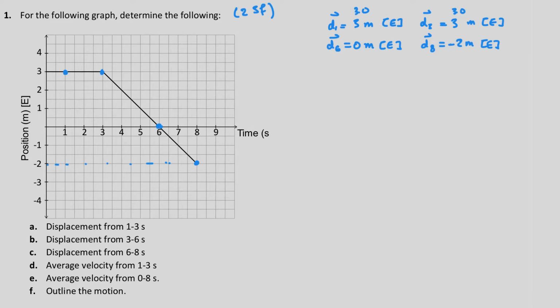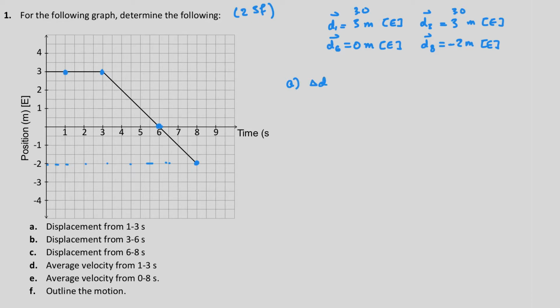So we want the displacement. For the first displacement, we have to take position at 3 seconds and subtract from it the position at 1 second. It says determine, so we can show some work for this.